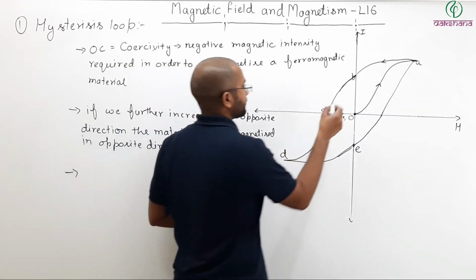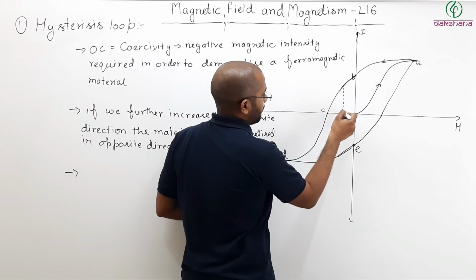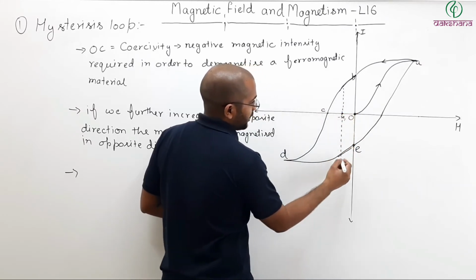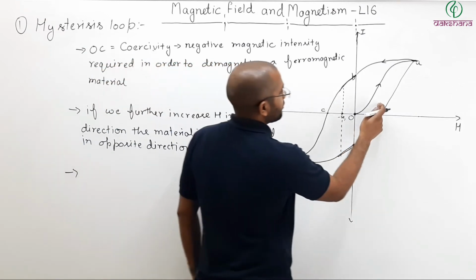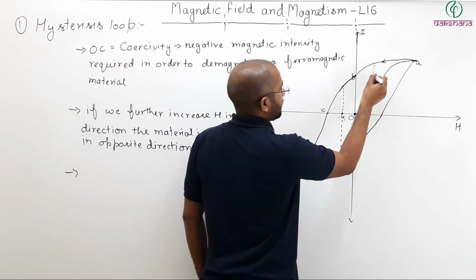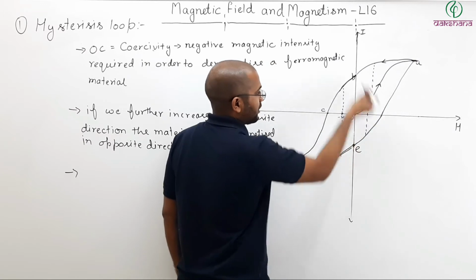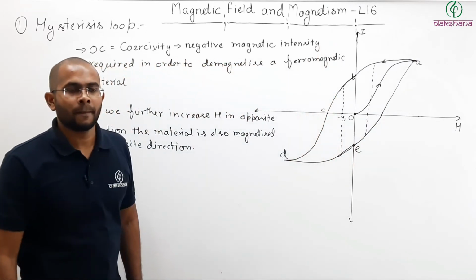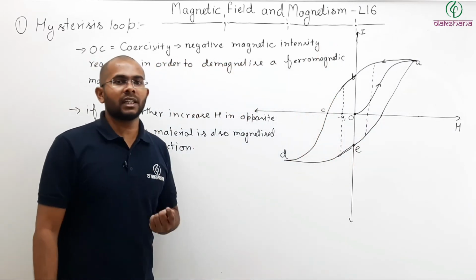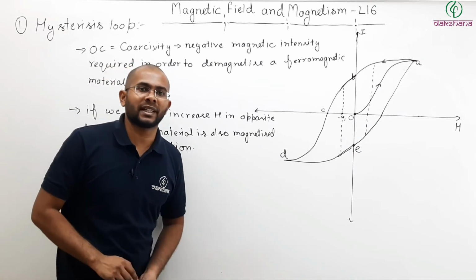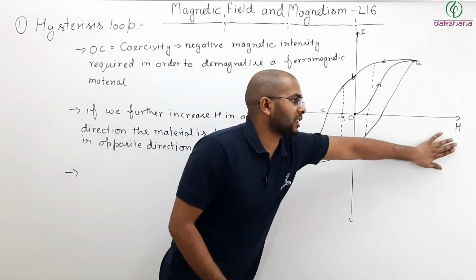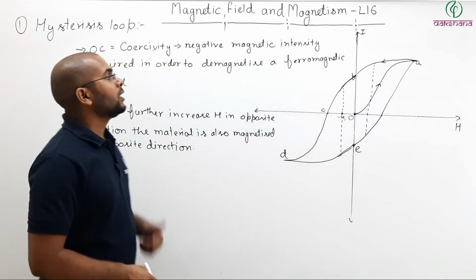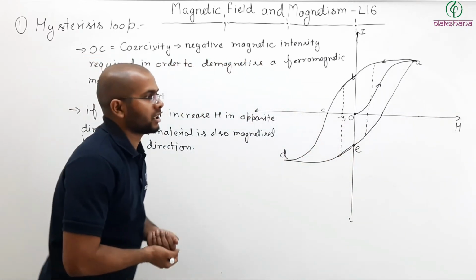But if you see here, for the same value of H there are two values of magnetization. Same way here also, for the same value of H there are three values of magnetization. Meaning, in case of a ferromagnetic material, just by knowing magnetic intensity, you cannot tell what the magnetization is.